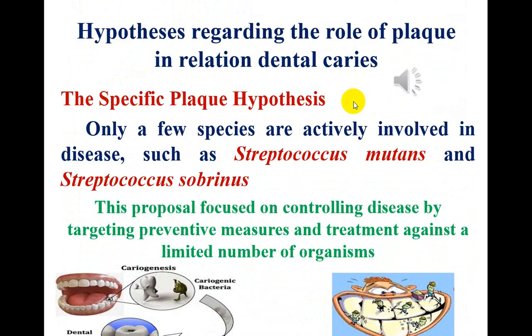There are different hypotheses regarding the role of plaque in relation to dental caries. The first hypothesis is known as the specific plaque hypothesis. According to this hypothesis, only a few bacterial species are actively involved in the production of dental caries.